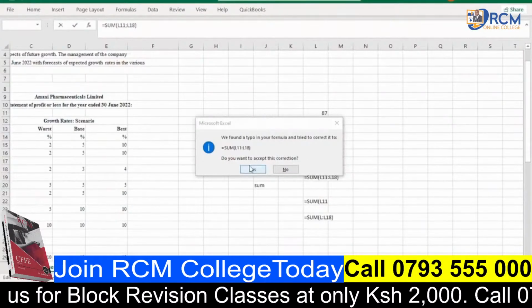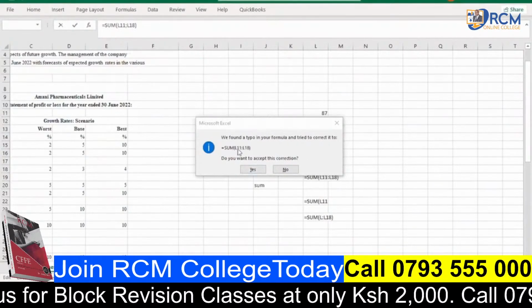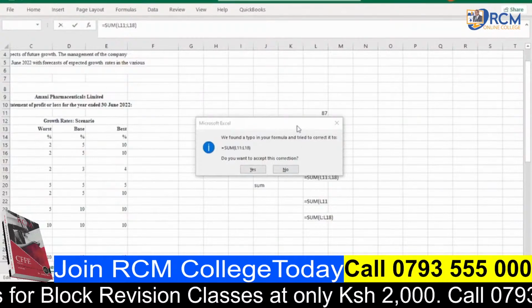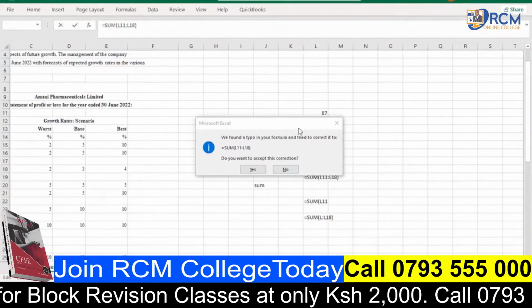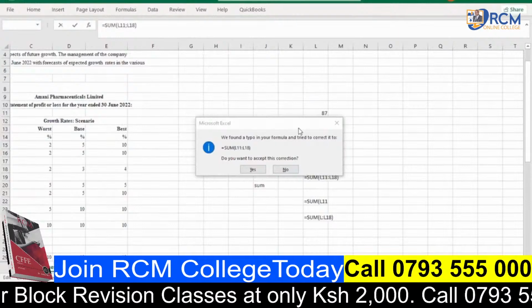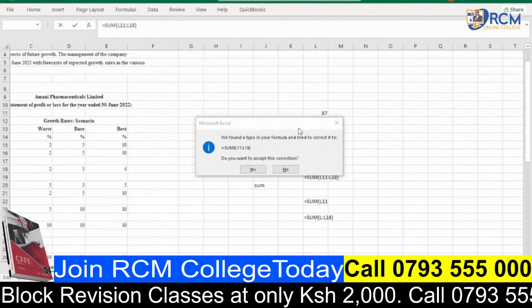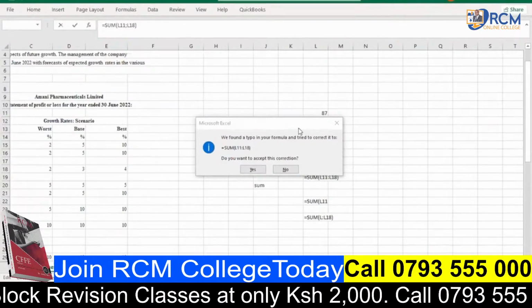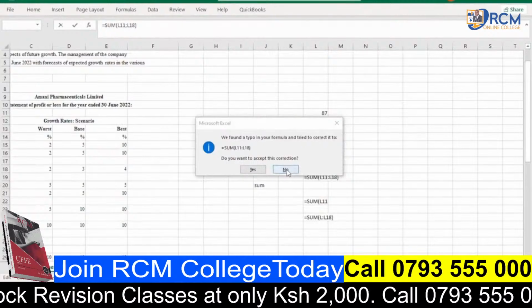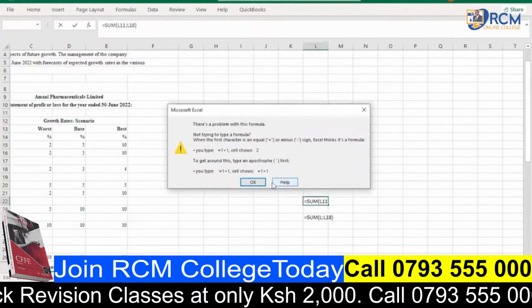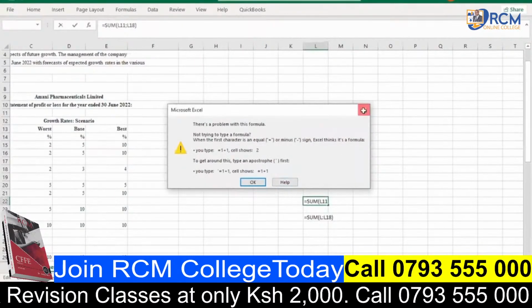So Excel is ready to rectify it. And if we check this one here, it is exactly equivalent to what was given to you as choice B. Okay, so we don't want to correct it. It will remain with that error.